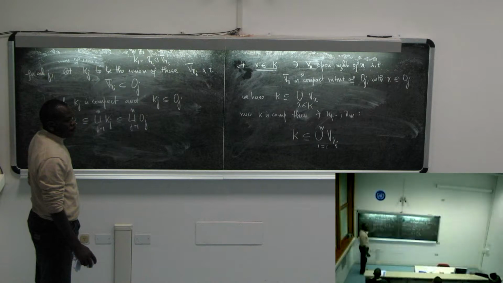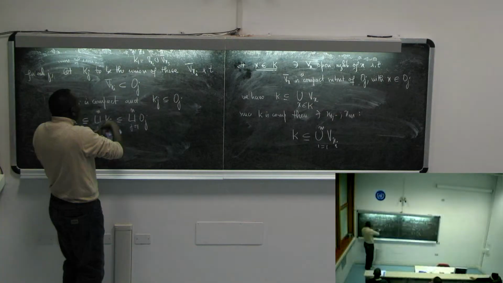Yes, look at what Kj is. Kj is the union of Vxi. If you take now the union of all Kj, what you get is bigger than this set, because all Kj come from elements from here.